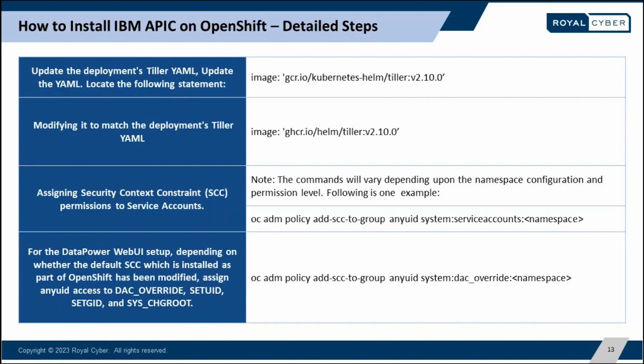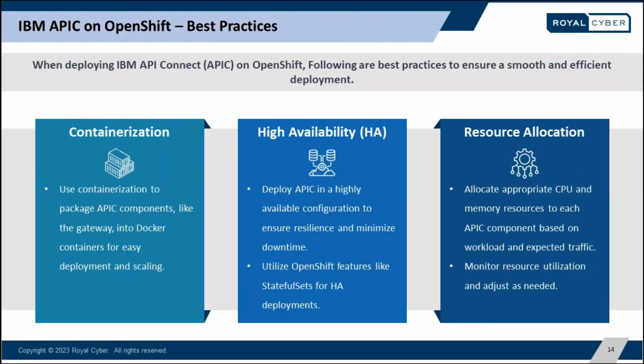These slides give more details about these steps, such as the commands and the links you can follow. Now these are the best practices that IBM APIC provides, which you can follow for standardization. You can follow these steps for the best practices.